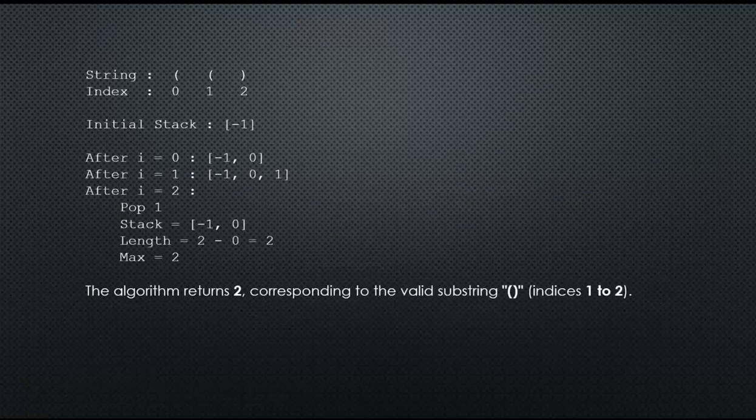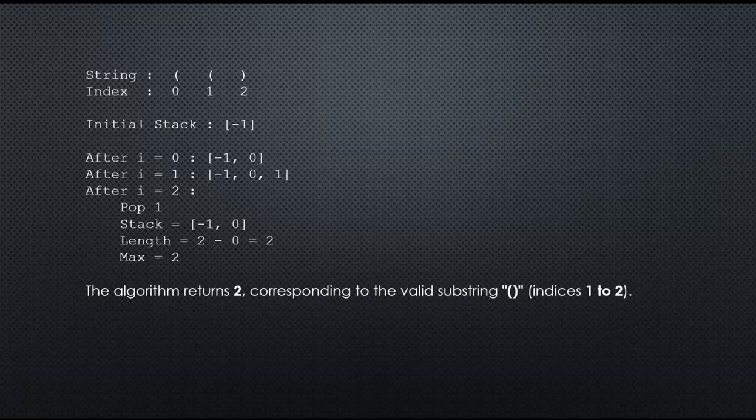For better understanding, look, the corresponding indices of the string are 0, 1, 2. I appreciate you to do a manual trace with a pen and paper. Initially stack is -1. After i equal to 0, I push the current index: -1, 0. After i equal to 1, I push because it is open parenthesis. So stack becomes -1, 0, 1.